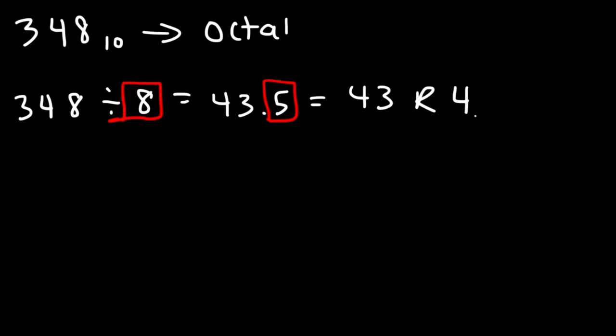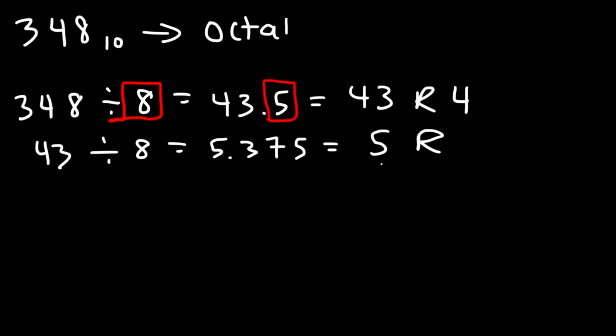So it's 43 remainder 4. Next, take 43 and divide it by 8. And this will give you 5.375. So it's 5 remainder, and then multiply the 8 by 0.375. 8 times 0.375, that will give you 3.